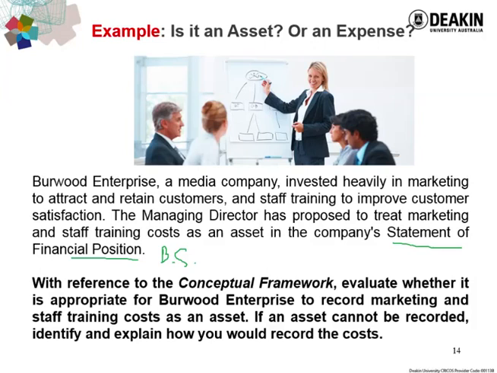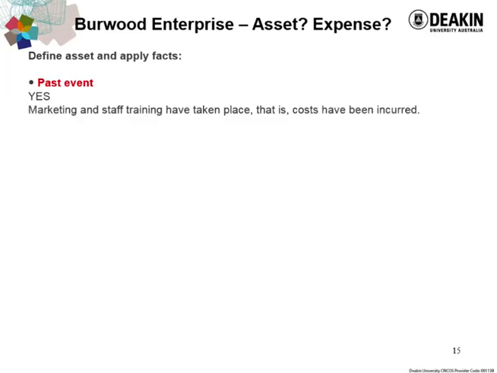So what is the requirement here? Based on the conceptual framework, can Burwood Enterprise recognize marketing and staff training costs as an asset? If not, what is the appropriate treatment? So let's apply the definition of asset. First of all, is there any past event or past transaction? Yes, because marketing and staff training have already occurred.